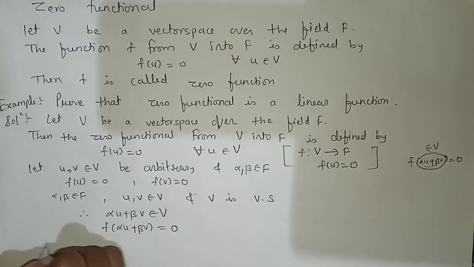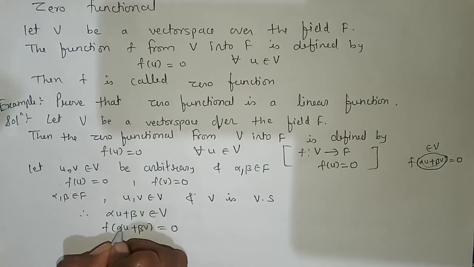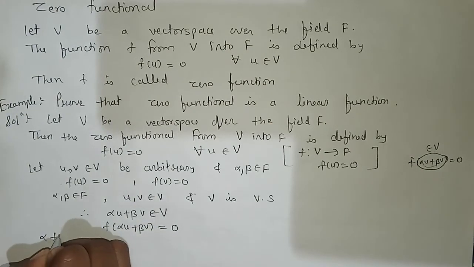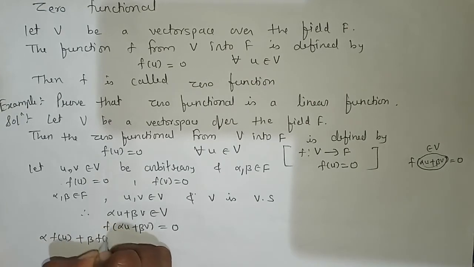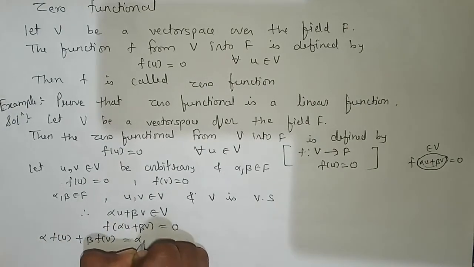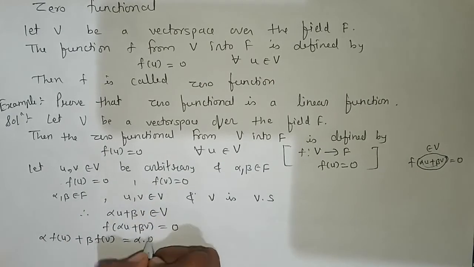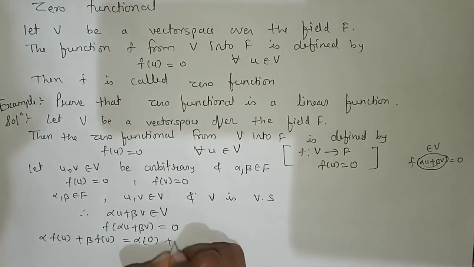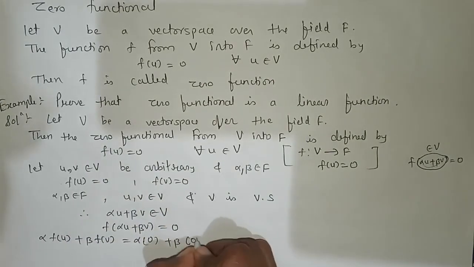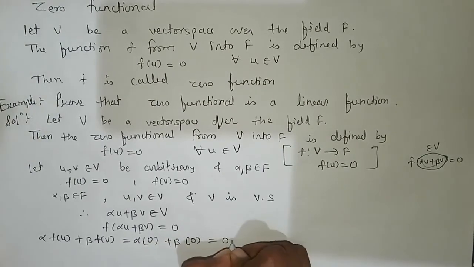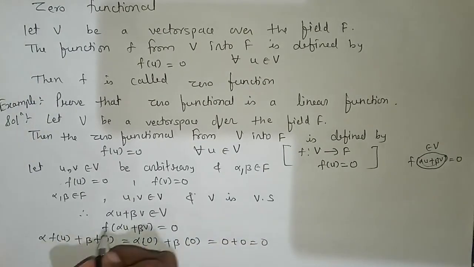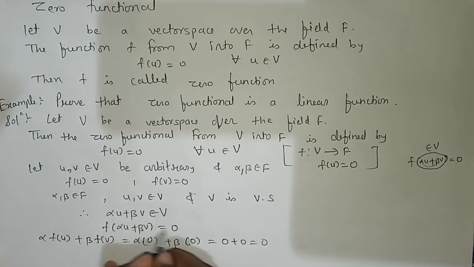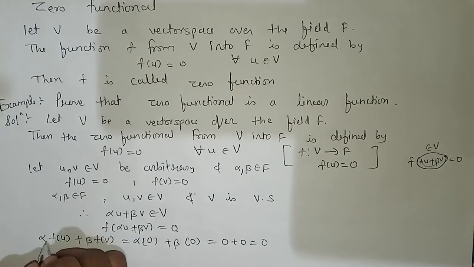Now again, this is our left hand side part. Now to evaluate the right hand side, alpha f of u plus beta f of v. Alpha remains as it is, but we have f of u as 0, so alpha into 0. Again beta remains the same, but f of v is 0. So 0 plus 0 is equal to 0. Now we are getting f of alpha u plus beta v is equal to 0, and we are getting alpha f of u plus beta f of v is also equal to 0.